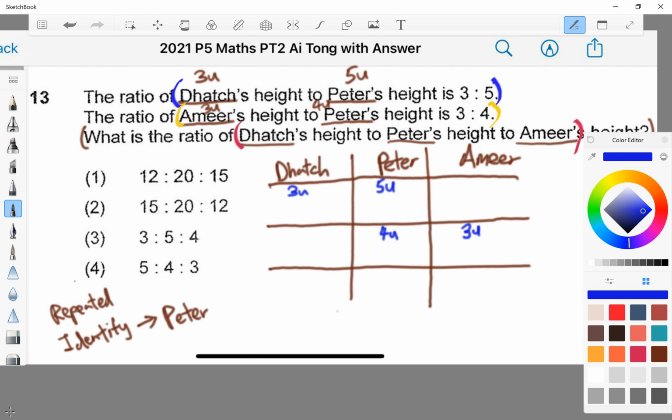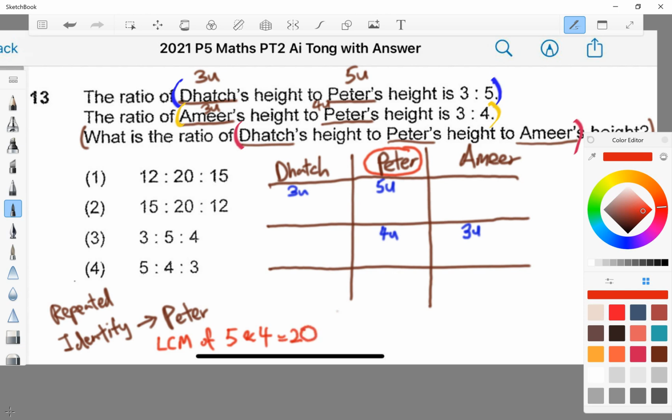So our job is basically to make our RI the same. Our job is to make the units for our RI, Peter, the same by finding the lowest common multiple, or in short the LCM. The LCM in this case of 5 and 4 has got to be 20.